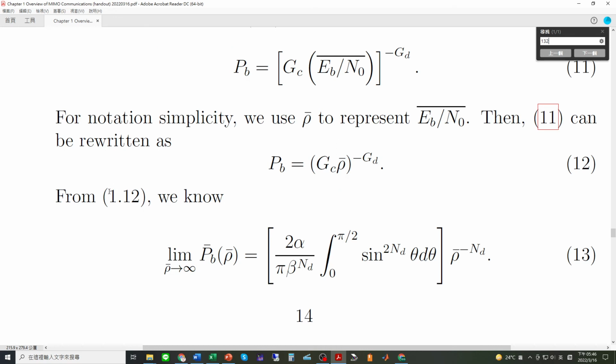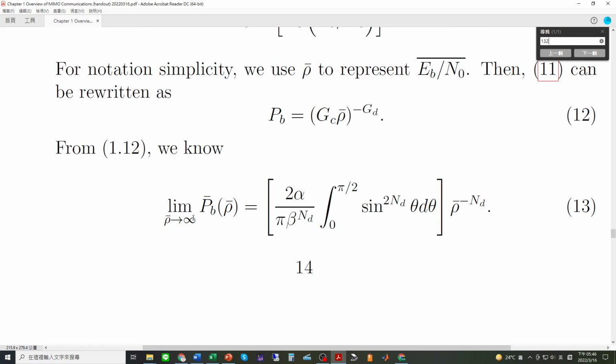From equation 1.12, we know that in the limit as rho bar approaches infinity, P bar B of rho bar is equal to 2 alpha over pi times beta to the power of ND times the integration from 0 to pi over 2 of sine to the power of 2ND of theta d theta times rho bar to the power of minus ND.